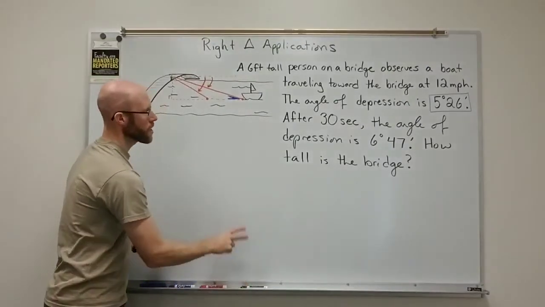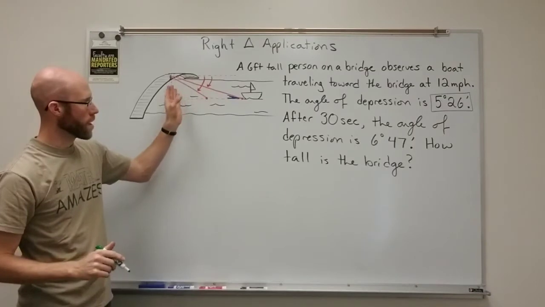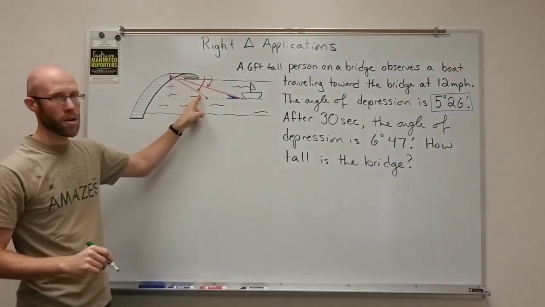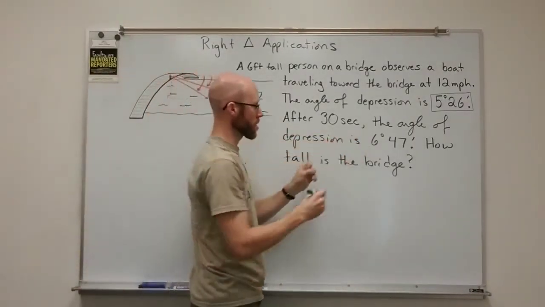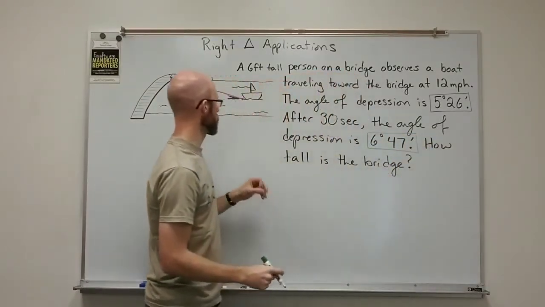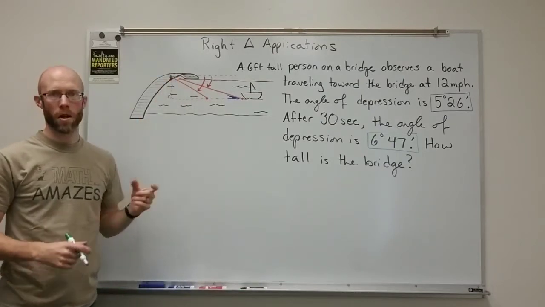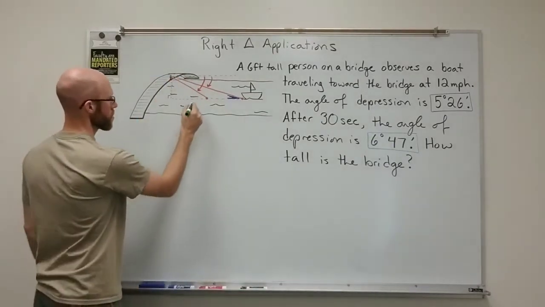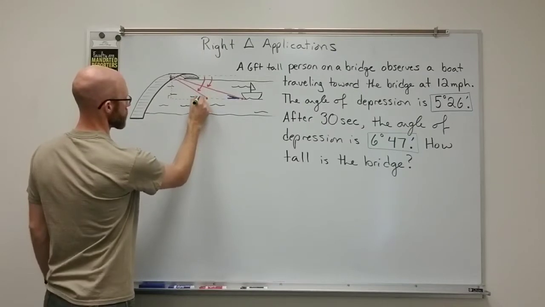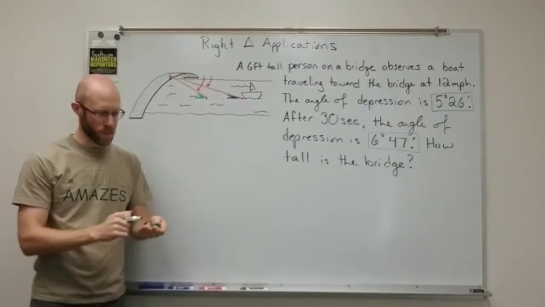Now in green, for the same argument, I would argue that the angle here in the smaller triangle is 6 degrees 47 minutes, because again, it's the alternate interior angle in the parallel line case. So this angle down here is 6 degrees 47 minutes.